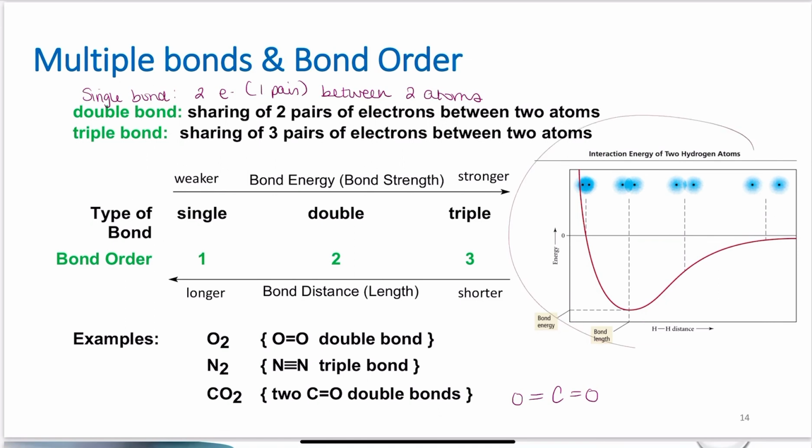And I know we've talked about this before, but this is showing you how we find this bond length. This is showing 2 hydrogen atoms coming together. As they come together, we eventually reach an energy well or a minimum. That's going to be the bond length of the 2 atoms. If I keep bringing them closer and closer together, the energy skyrockets.